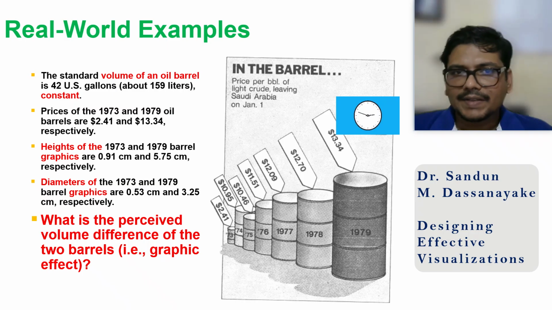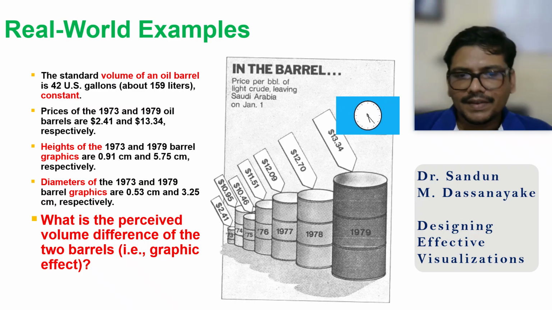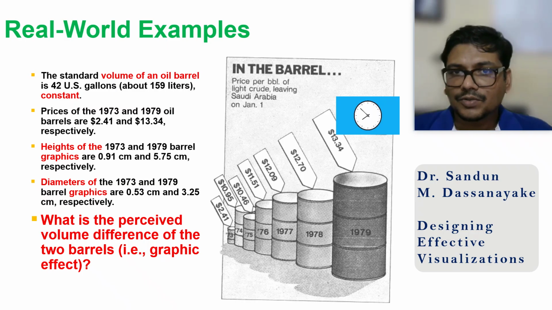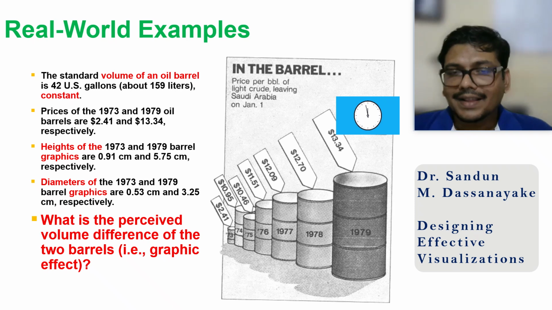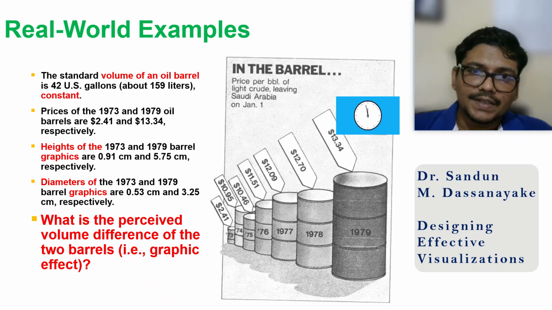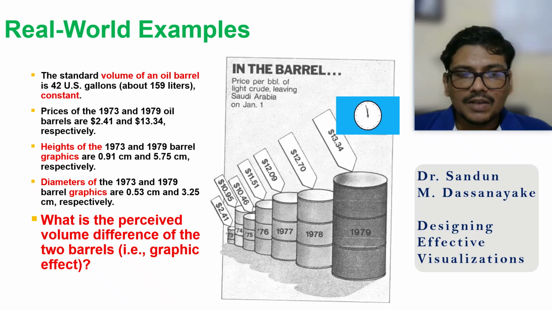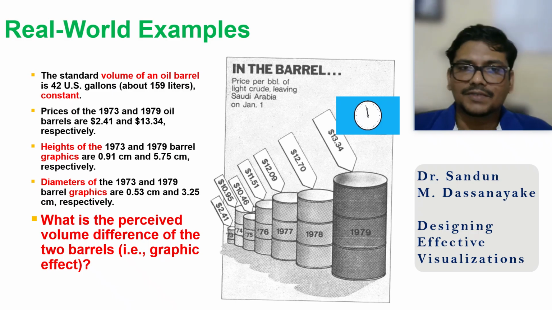Let me ask you a question. What is the perceived volume difference of the two barrels? Since the artist scaled both height and diameter, the barrel's visual volume, not just its height, is what viewers perceive, and volume scales with the cube of the linear dimensions.